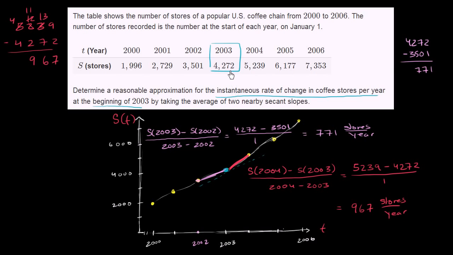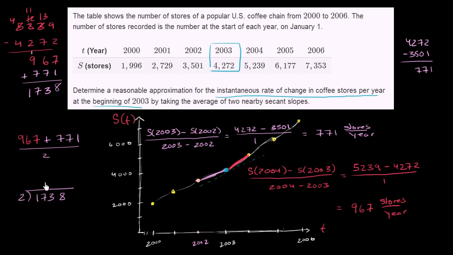So let's do that. So let's take 967 plus 771, and then we can divide by 2. So let's actually figure out what that is. So let me add 771 over here. 7 plus 1 is 8. 6 plus 7 is 13. And then 1 plus this is 17 right over here. And then we're going to divide that by 2. So 2 goes into 1,738.